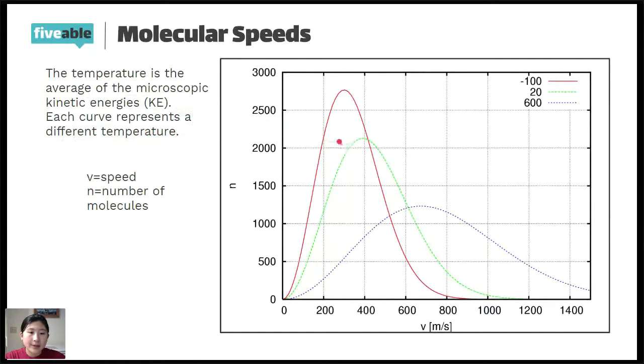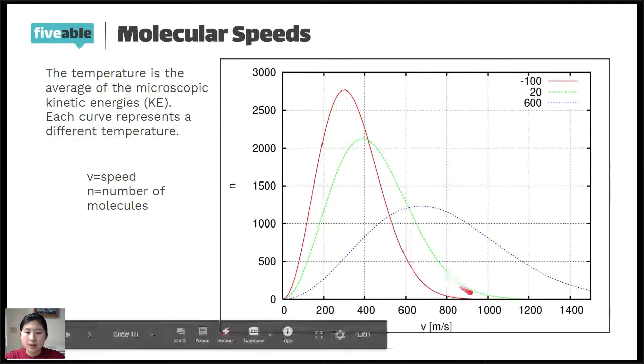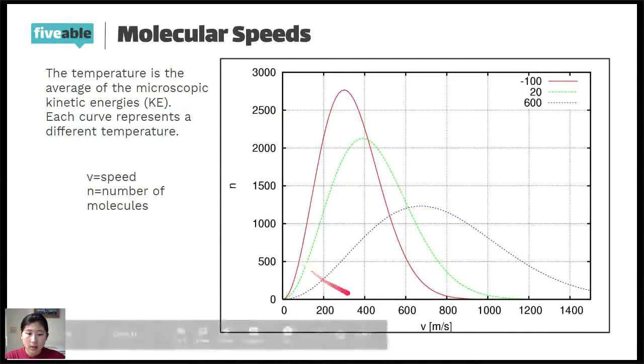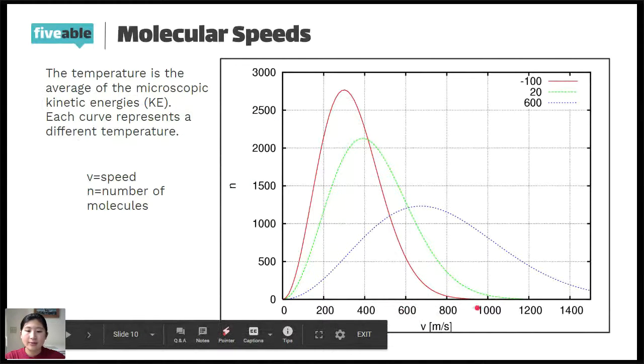Let's take a look at just the red curve, right? We see here that on the y-axis we have N, which is the amount of gas molecules. And on the x-axis we have V, which is the speed of the gas molecules.